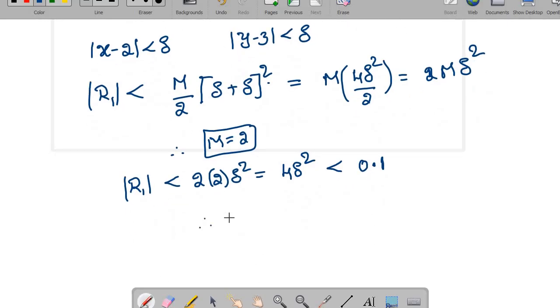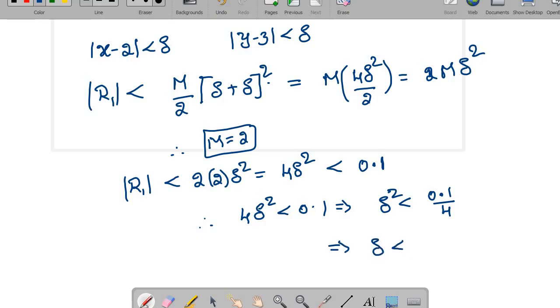So 4 delta square is less than 0.1, which implies delta square is less than 0.1 by 4. Taking the square root, delta is less than the square root of 0.1 by 4, and this is 0.15811.